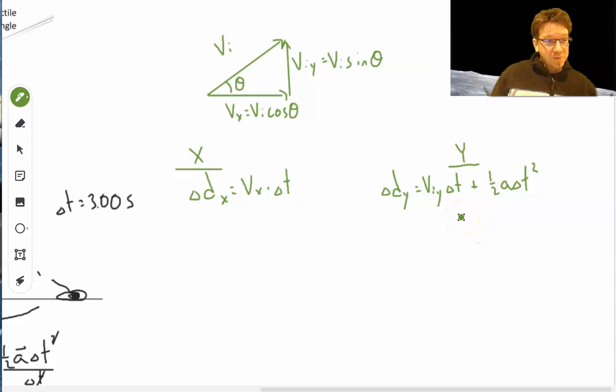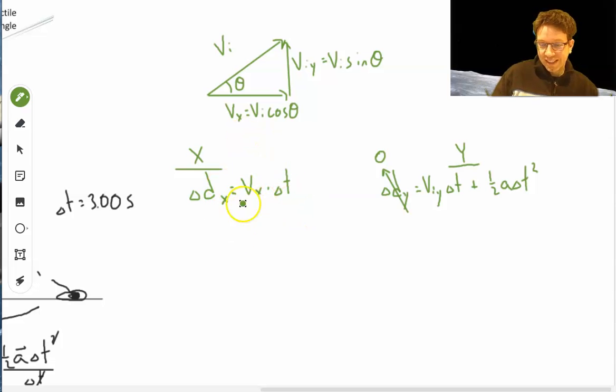Now, this problem is going to be like the previous problem we did. We're going to do this sort of maximum range competition on flat ground, so on a field. So that means that our displacement in y, or our change in our y position, is going to be 0. So that's one of the conditions that we're going to have in this little competition.